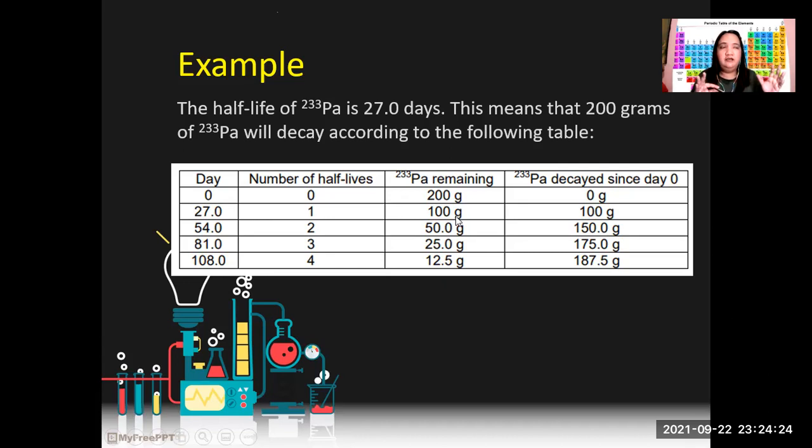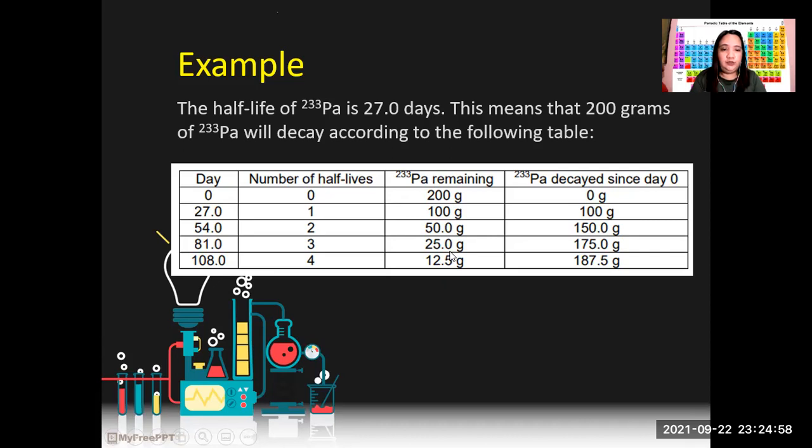The concept of half-life is that it always takes half of the original quantity or the original amount. So from 100 grams, this becomes 50 grams, and the decayed amount is now 150 grams. Then another 27 days, or another half-life, will be added to this table. So there are 3 half-lives already, which means that the amount will again be diminished by half, which is 25 grams.